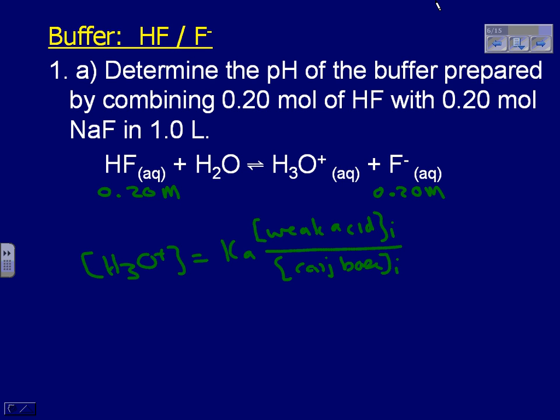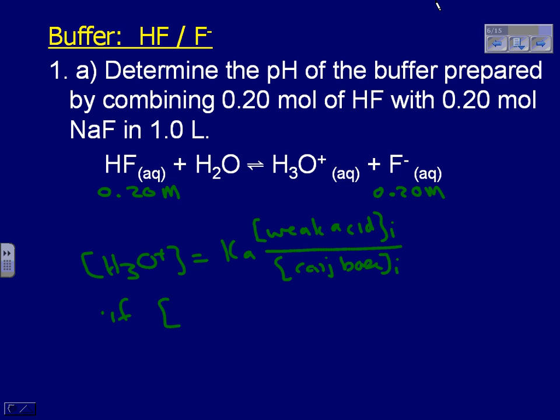Now, there's a special case here, and this is true for most buffer solutions. What's true about the concentration of my weak acid and the conjugate base in this scenario? Yep. Therefore, what's going to happen to my equation? It's just Ka, it'll cancel out. This will happen more often than you think. So let's write down this special case.